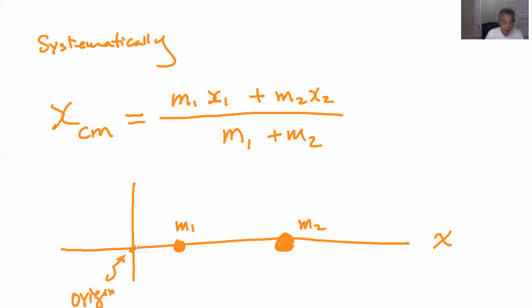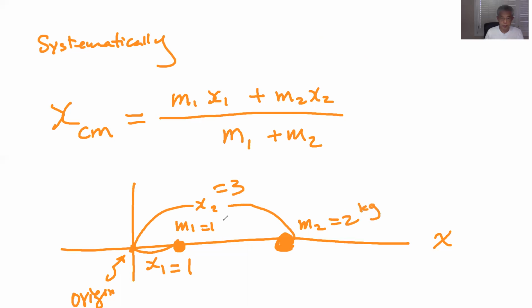Then m1 from this origin is called x1. So you can select your reference; it's chosen to be here. And your x2 will be this one here. Let's say x1 is equal to 1, x2 is equal to 3, m1 is equal to 1 kilogram, and m2 is equal to 2 kilogram, and the distances are 1 meter and 3 meter.